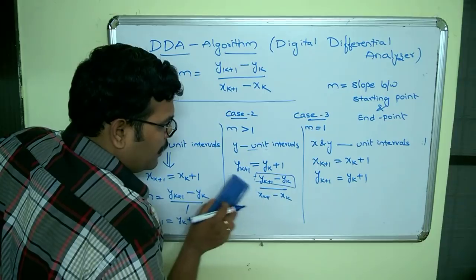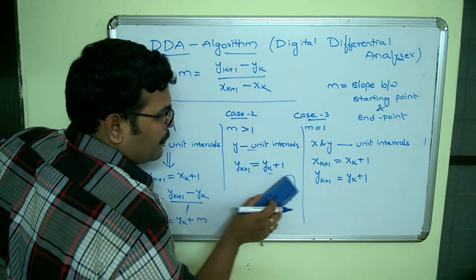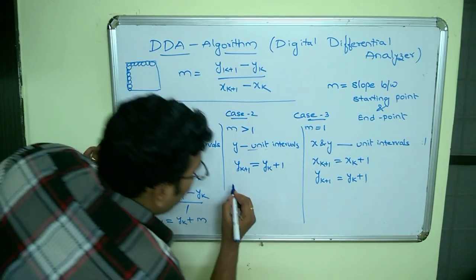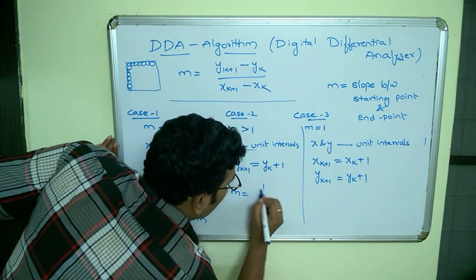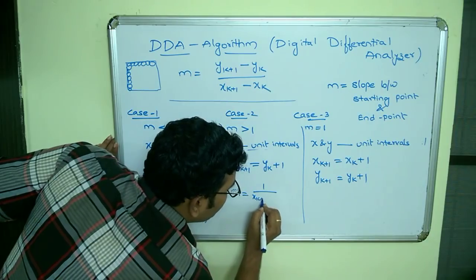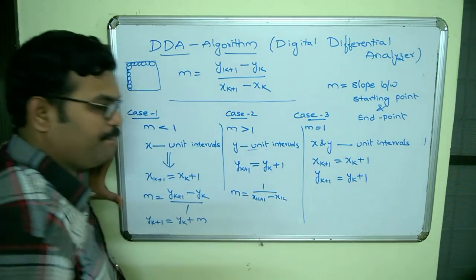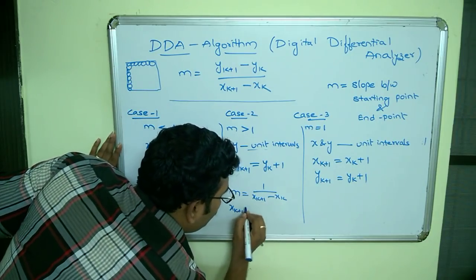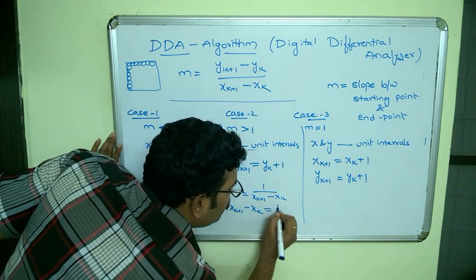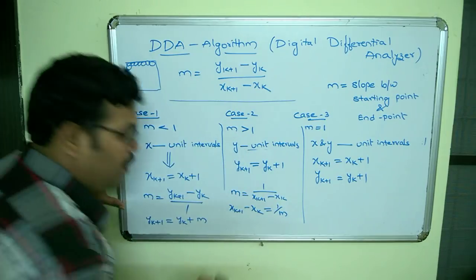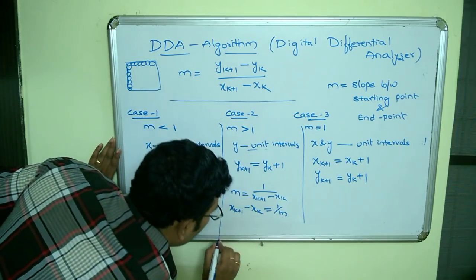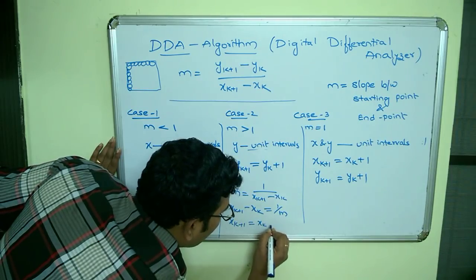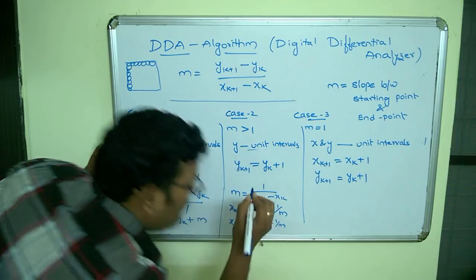This equation can be written as m is equal to 1 by xk plus 1 minus xk. So xk plus 1 minus xk is equal to 1 by m. From this, xk plus 1 is equal to xk plus 1 by m.